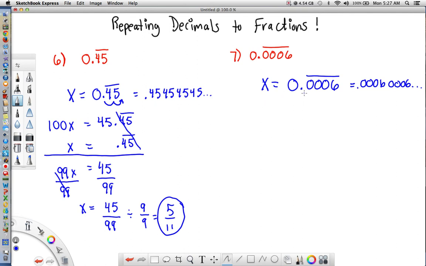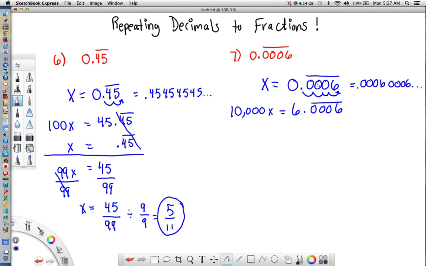Well, we want to try to get a whole number out of this, or a mixed number, so we're going to have to multiply 6 ten-thousandths by 10,000. So if I had 10,000x, that would be equal to 6.0006 repeating.